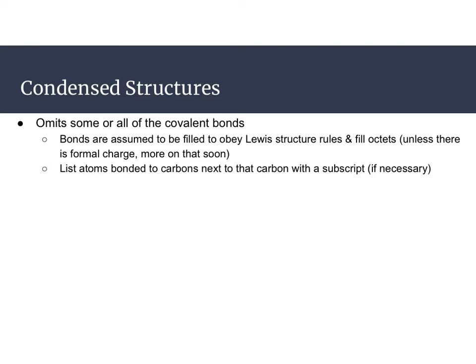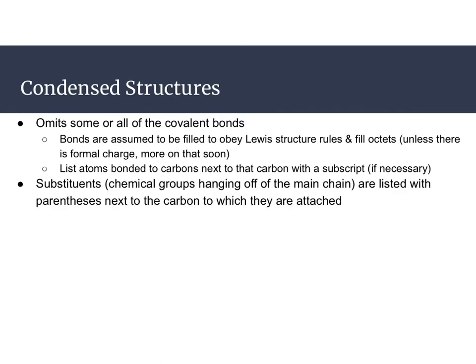But any atoms that are bonded to carbons are just listed with subscripts, much like the hydrogens that we did in our previous structure examples, except this time it can be any element. And substituents, which is a name for chemical groups that are hanging off of the main chain of our structure, I'll show you what that looks like in a second, are listed with parentheses.